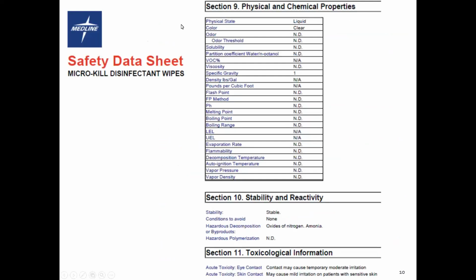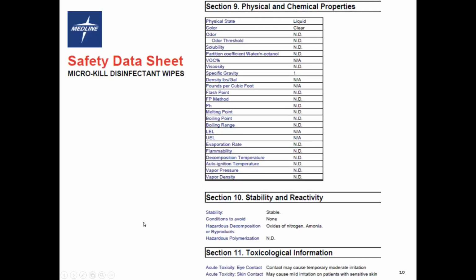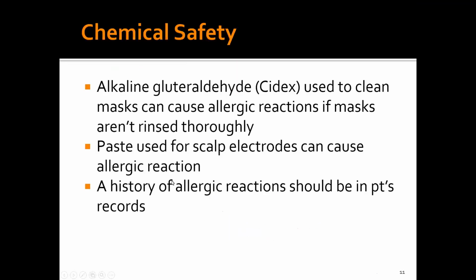Here it's got some other properties of it. Acute toxicity: if it comes into eye contact, it can cause irritation. Skin contact can cause mild irritation in people with sensitive skin. Usually these sheets are 4 to 7 pages long, depending on how toxic the chemical is.